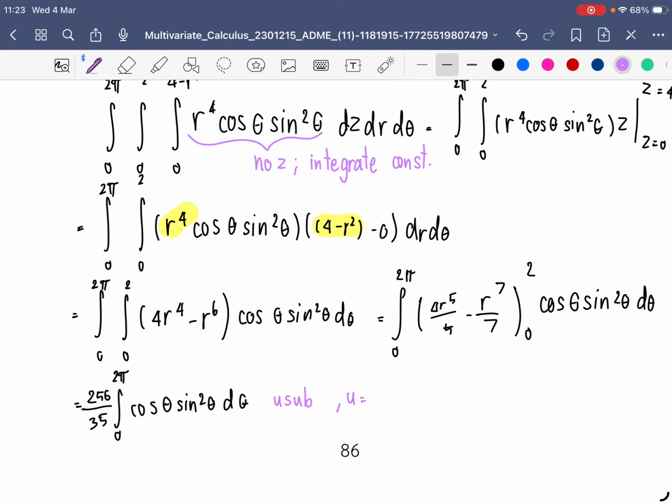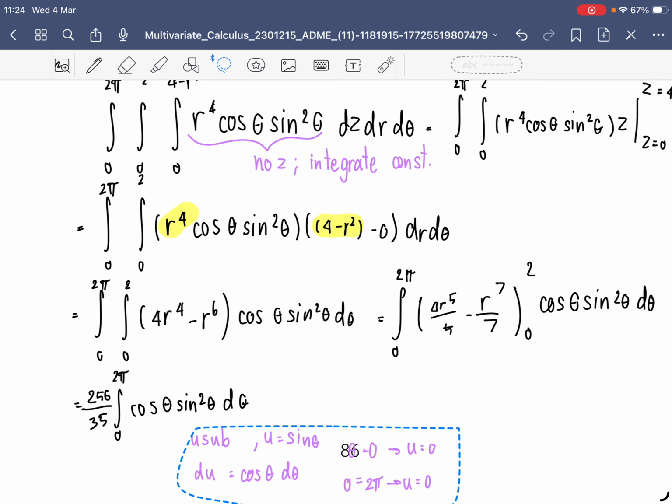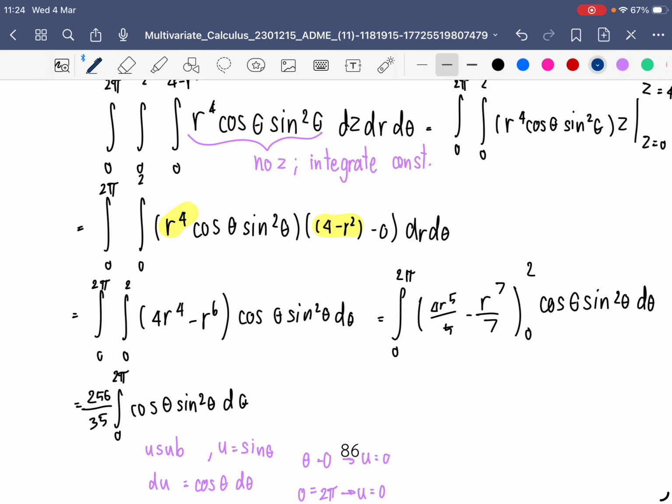But look, if you take u to be sine theta, when theta is 0, u is going to be 0 because u is sine 0. If theta is 2 pi, you also have u equals 0, which means you reduce it into the integral from 0 to 0 of u squared du, which is what you should expect, 0.